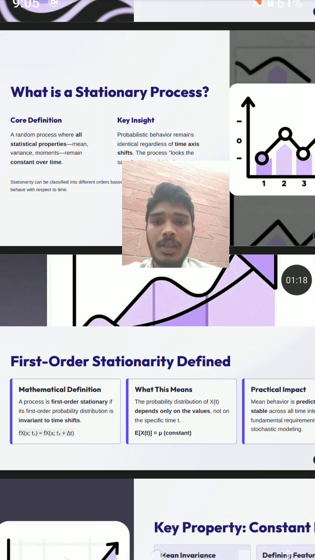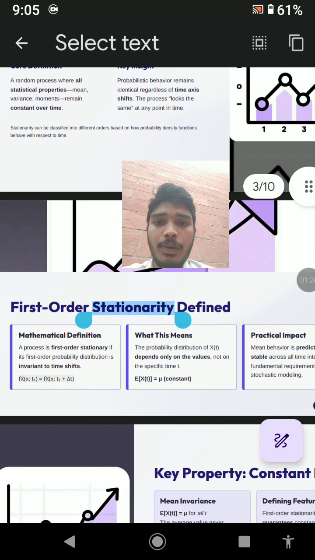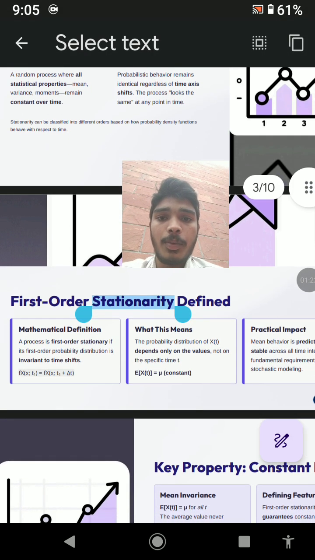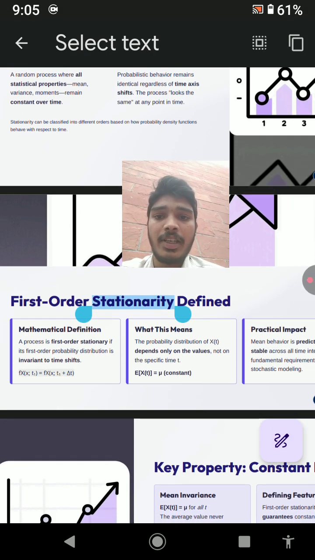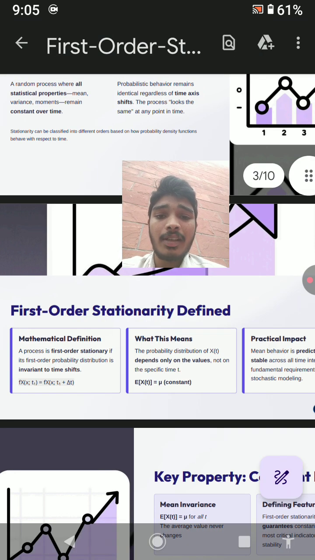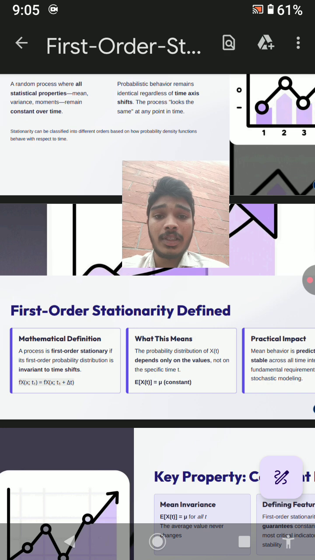Stationary processes can be classified into two different orders based on how the probability density functions behave with respect to time. We already discussed that the mean or average does not change with respect to time. It is one of the statistical properties.